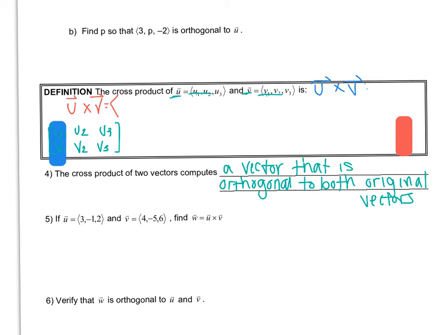I'm going to write down the formula: U2 times V3, and then you subtract the other product, V2 times U3. Do not get hung up right now on the letters and numbers. This will solidify a little bit more when we're working with actual values.